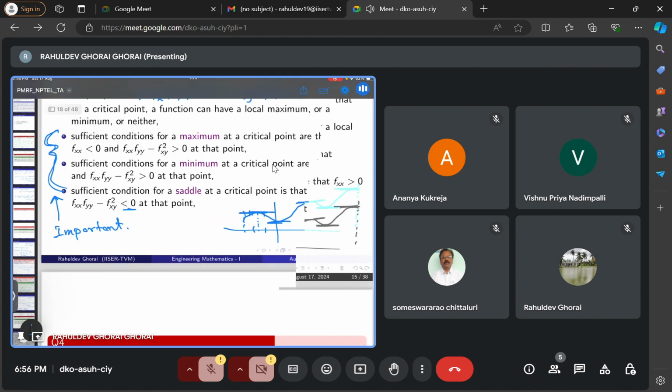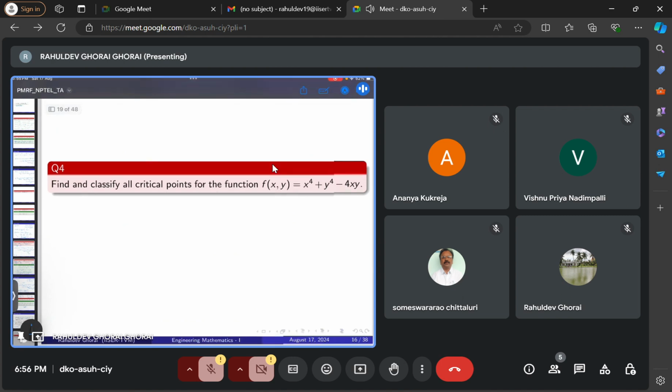So, let's move on. This is your first question. The first question says: find and classify all the critical points for the function f of x y equal to x to the power 4 plus y to the power 4 minus 4 times xy. If it is a critical point, then the partial derivative of f with respect to x should be 0, and the partial derivative of f with respect to y also has to be 0.